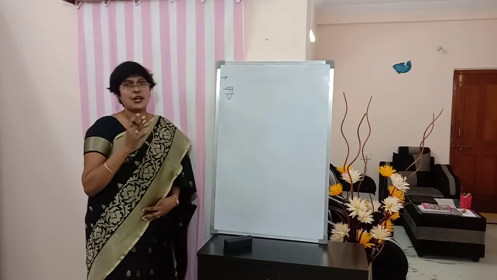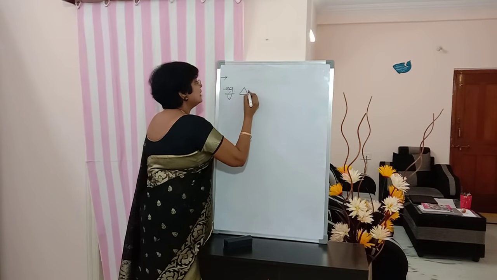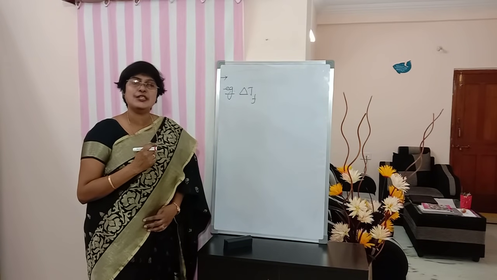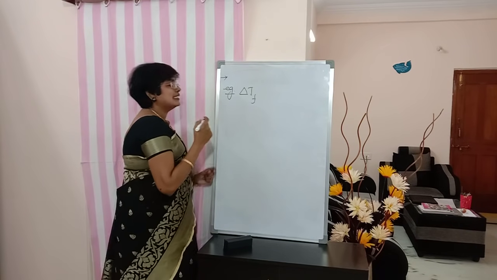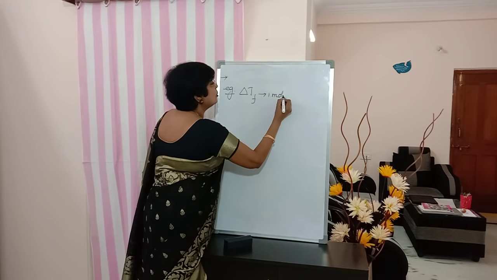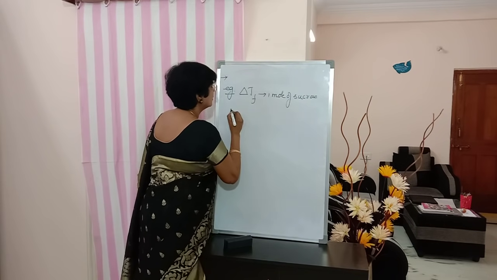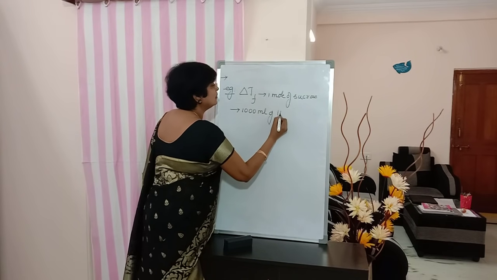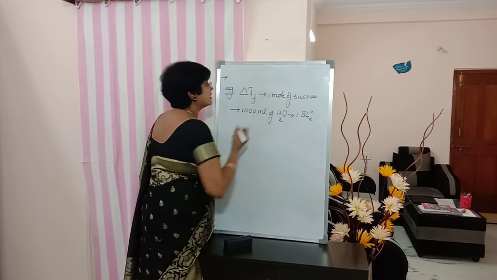Because if I dictate that point, you will not understand. So, delta TF. What is delta TF? It is the third colligative property, called depression in freezing point. Okay. Now, the delta TF value of 1 mole of sucrose in 1000 ml of water is 1.86 degrees centigrade.